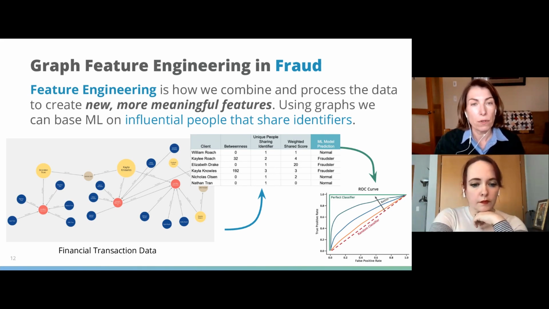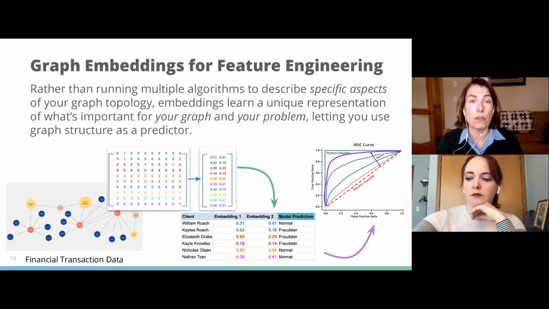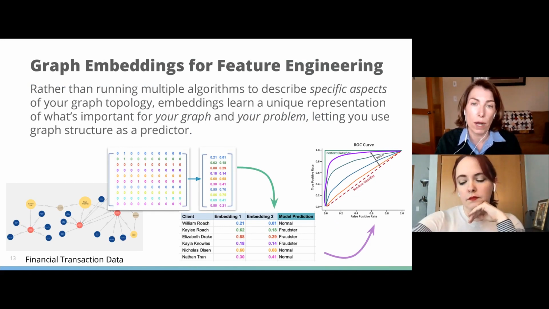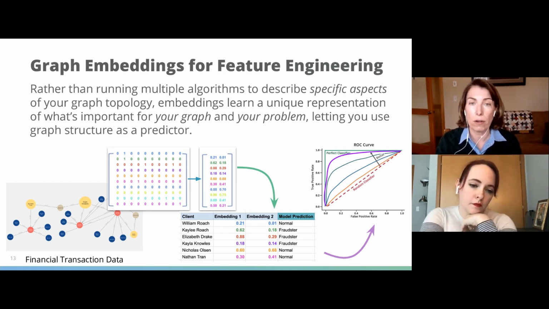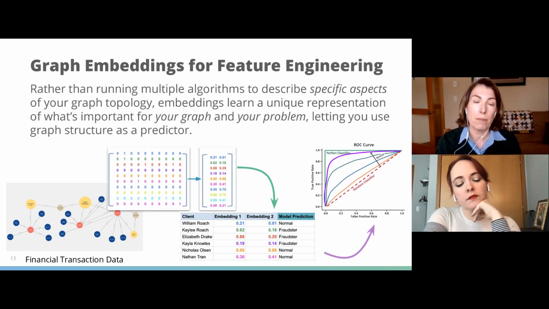And then after graph feature engineering, as I mentioned, you have people wanting to move into graph embeddings for feature engineering. It's a more nuanced way to look at feature engineering, and you're able to do more. Instead of running multiple algorithms and different queries, where I think in the last one we were looking at betweenness centrality and shared identifiers, you might run many, many different algorithms trying to figure out which one is very predictive for you.